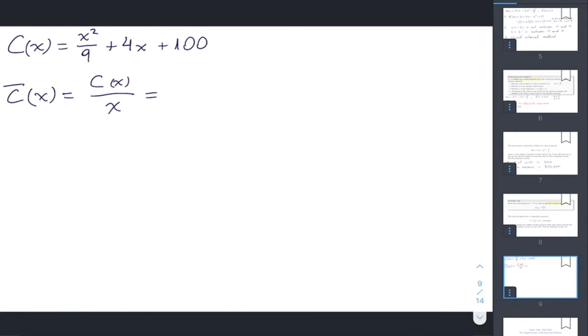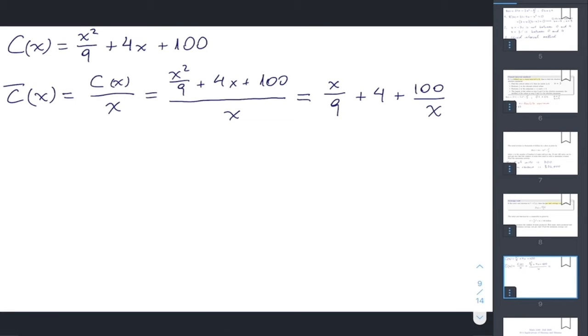So in this case, this will be x squared over 9 plus 4x plus 100 divided by x. So simplifying things, we obtain that this is x over 9 plus 4 plus 100 divided by x. And now we need to find the minimum of this function.